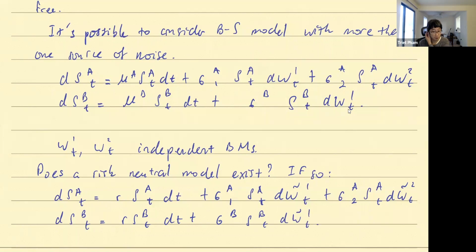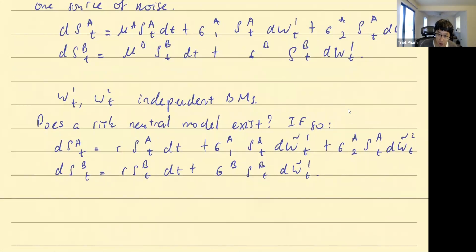Okay, right. And so again, now we will want to investigate what it takes to go from the physical version to the risk neutral version. Or in other words, what's the relation between the W and the W tilde?